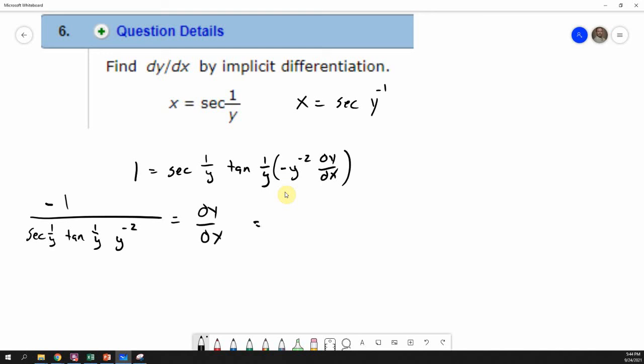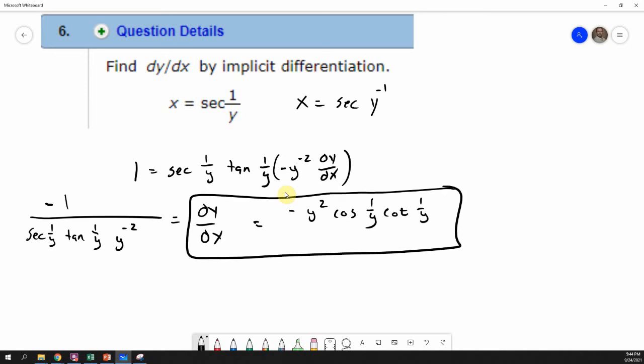So looking at that, I can tell I can just bring the y to the top. So I'm going to have negative y squared. The reciprocal of secant is cosine, and the reciprocal of tangent is cotangent. So that will be our final answer. I like that problem.